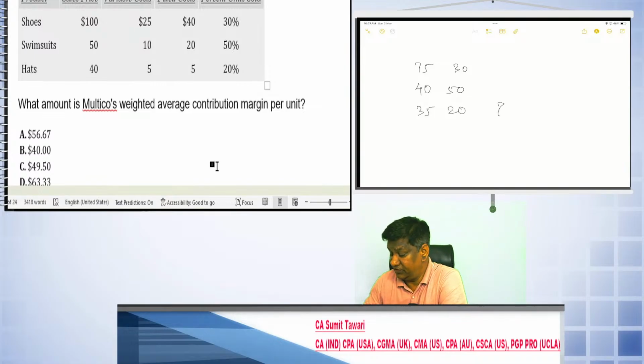So here it is 7, 20, and 30% of 75 multiplied by 0.3 is 22.5. So 22.5 plus 20 plus 7 is 49.5. Yeah, C is the right answer.